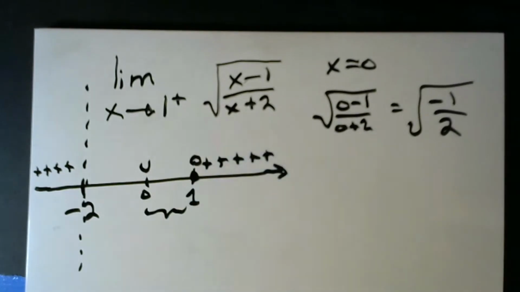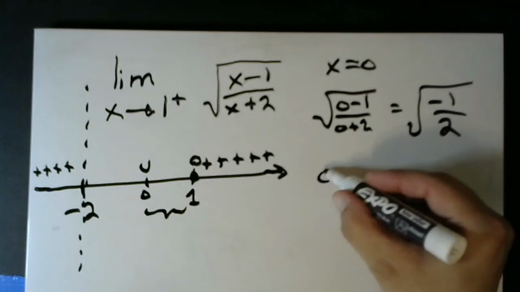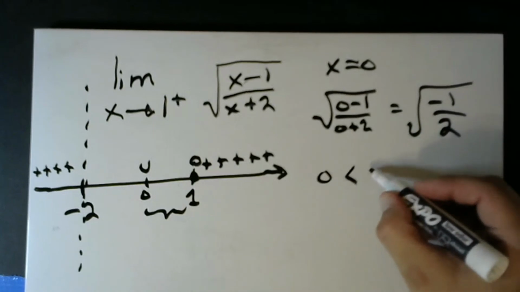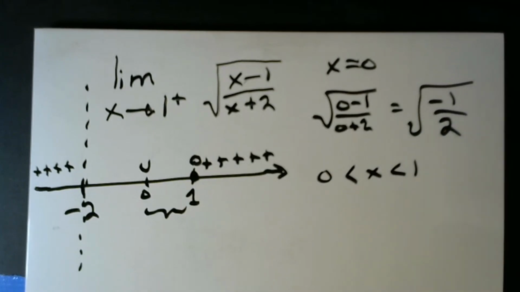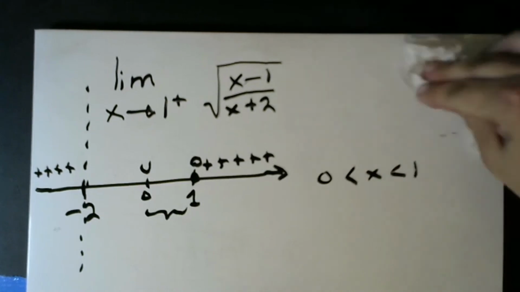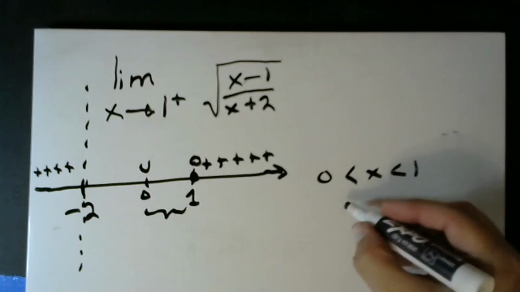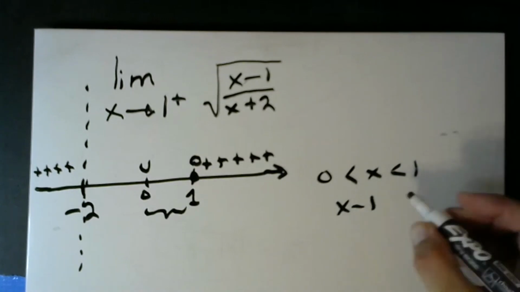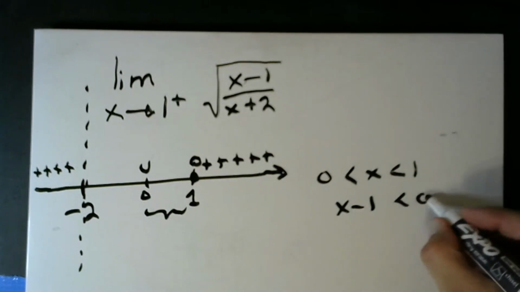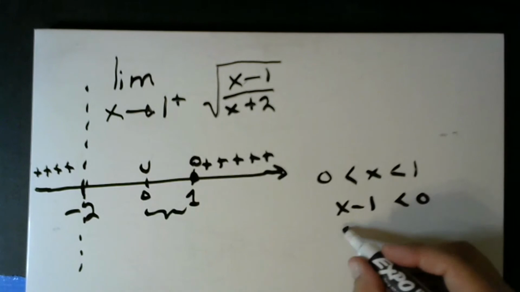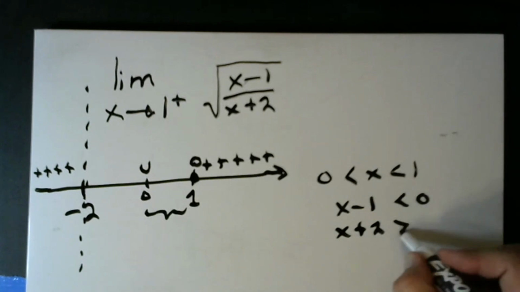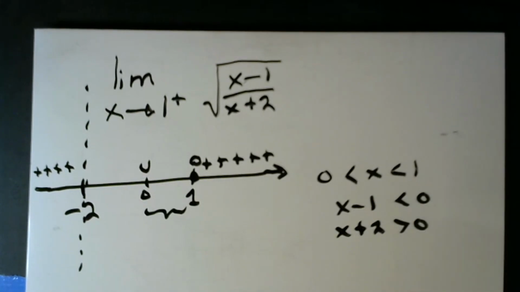If we choose any number between 0 and 1, so if we let x be between 0 and 1, that means we're using numbers where x is smaller than 1. So x minus 1 is less than 0, but x plus 2 is greater than 0.